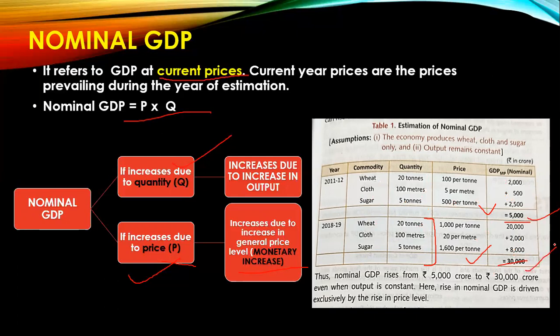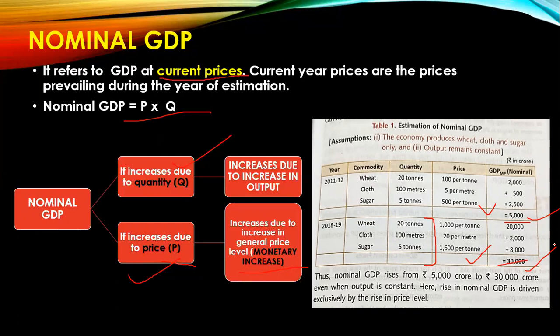So what will you say? That GDP has increased in our country, but that is not true. Production has not happened, production is the same. The quantity you were producing in 11-12 is what you are producing now. So the actual rise is in the price level, right? So that does not reflect the true indicator.